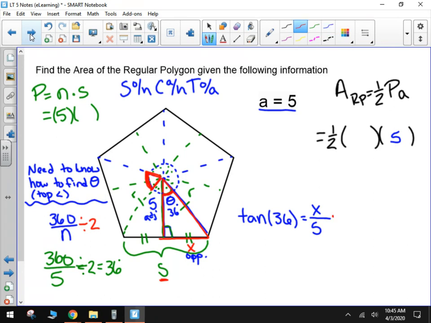Solve for x, I just multiply 5 on both sides. And x is going to equal 3.63. But remember, to find the side length, I need to multiply by 2. So I'm going to multiply that by 2. I get 7.26. So now I have the side length is 7.26.